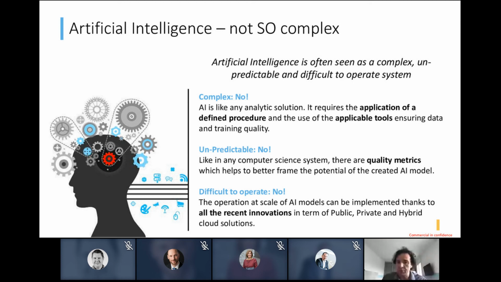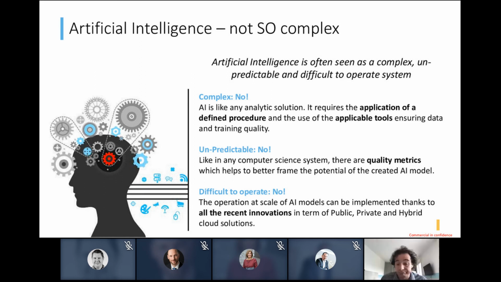It's an application of a continuity in terms of mathematics and the study of decision-making systems. So it relies on the same approach and procedures. By using different well-defined procedures and the right tools, you can go from the data to a decision-making system based on AI.